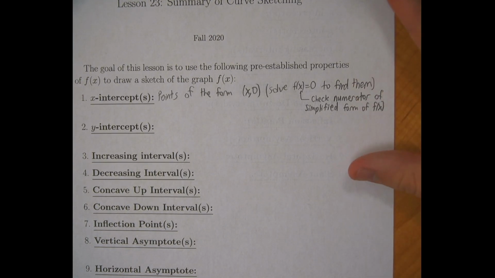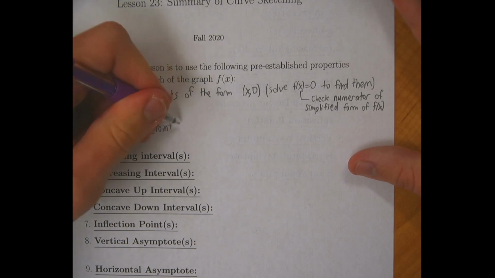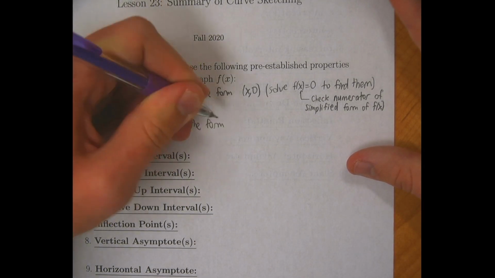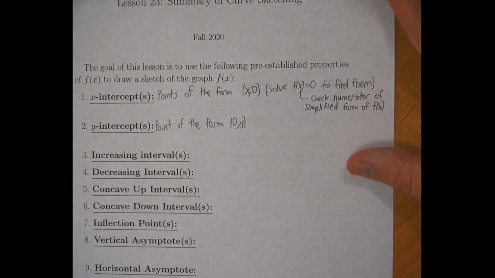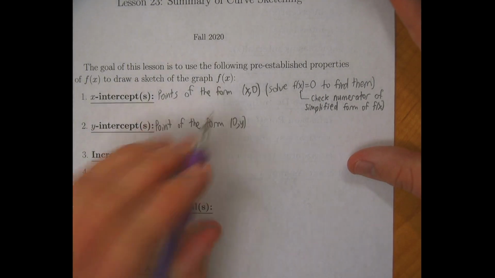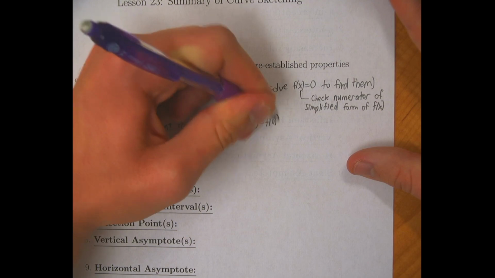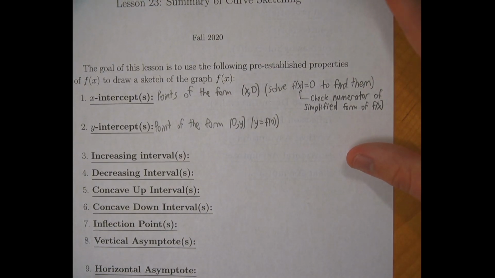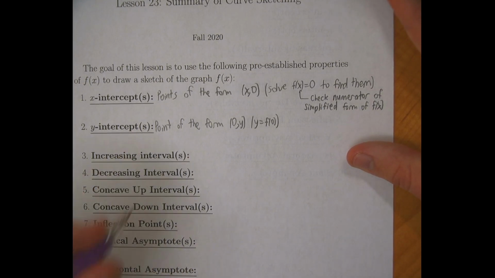Now, the nice thing is the y-intercept is slightly easier to find. So, in this case, you're just going to have a point of the form 0 comma y, where if you want to figure out y, well, just take our function f of x and let x equal 0. So there's that, and then increasing and decreasing intervals.